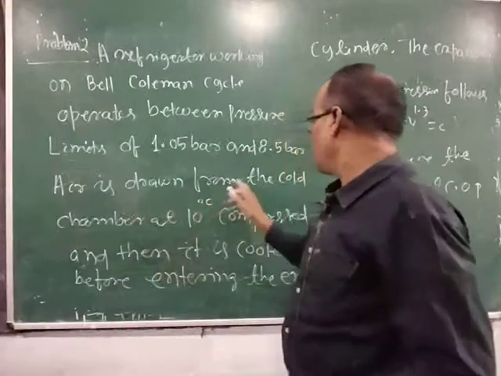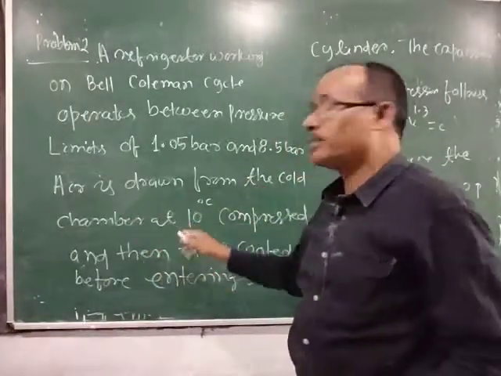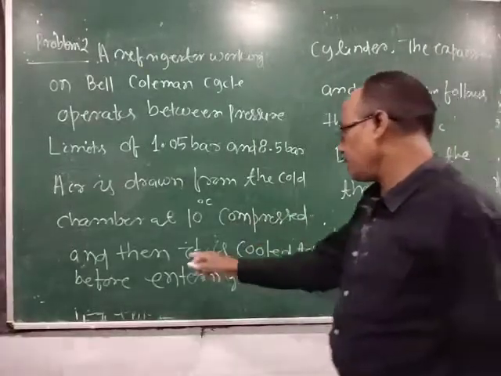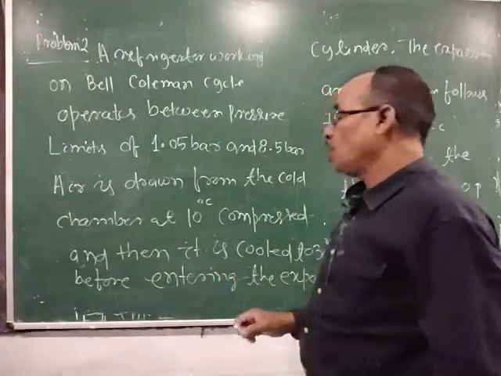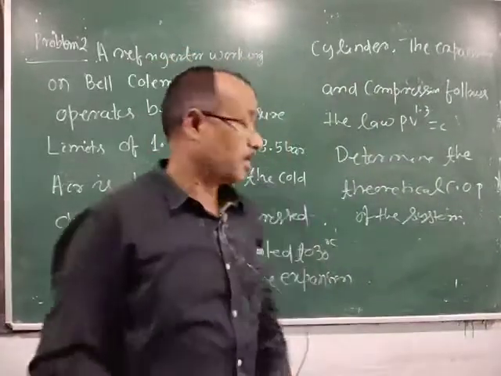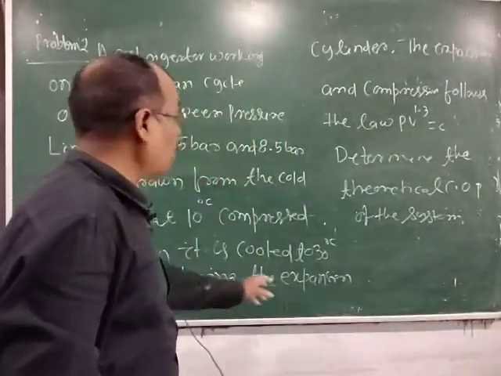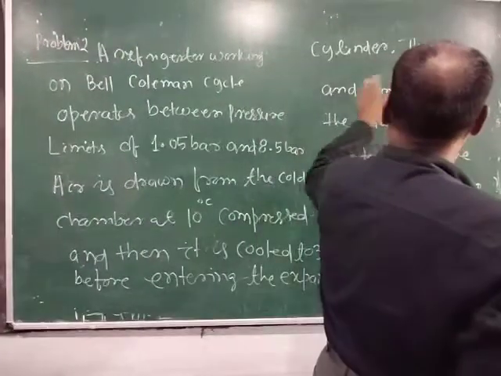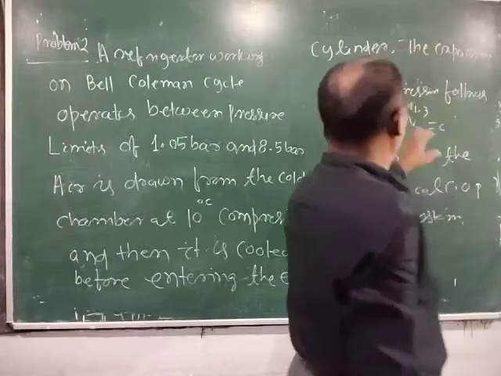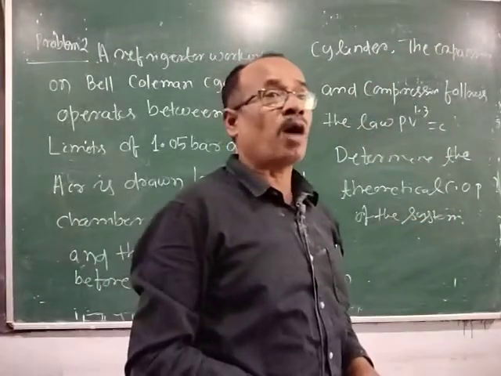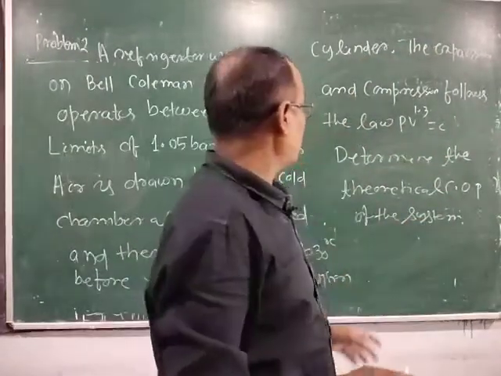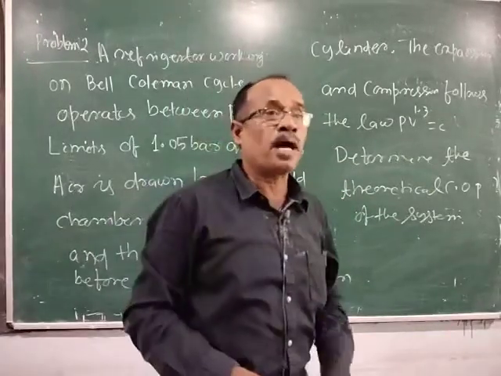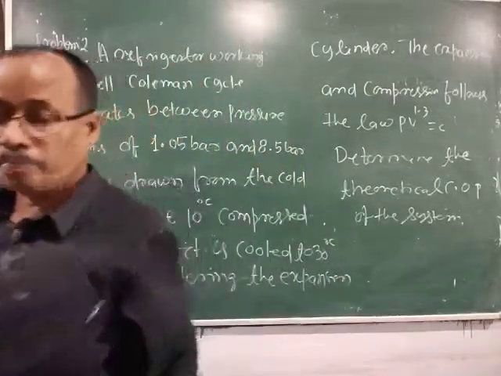Air is drawn from the cold chamber at 10 degree centigrade, compressed, and then it is cooled to 30 degree centigrade before entering the expansion cylinder. The expansion and compression follows the law P v to the power 1.3 is equal to constant. Determine the theoretical coefficient of performance of the system.